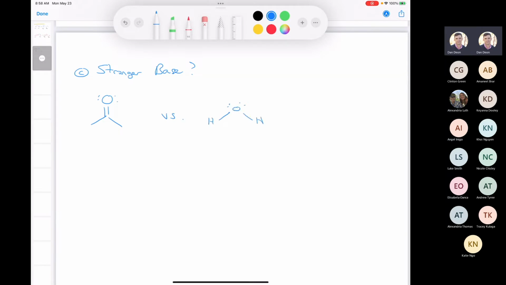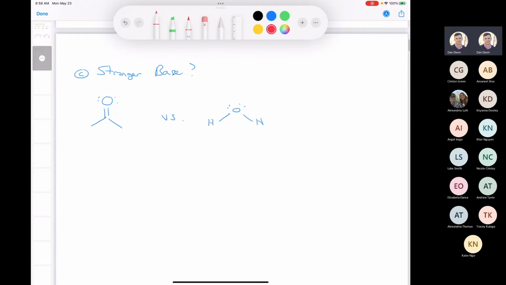Could anybody tell me which one of these would be a stronger base? Would it be acetone or water? You'll have to go back to the table. So we're looking for the stronger base.